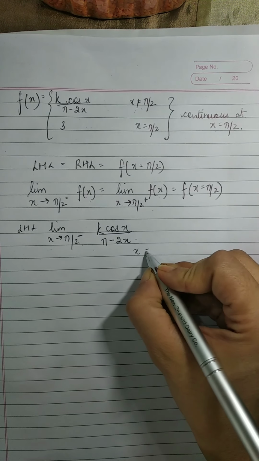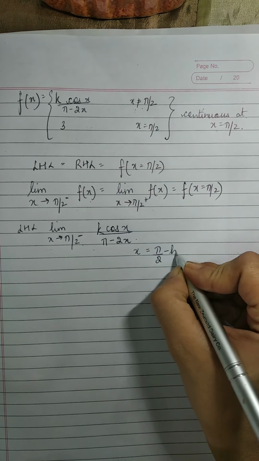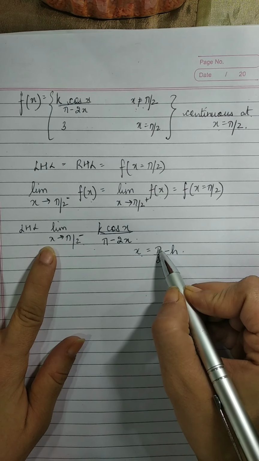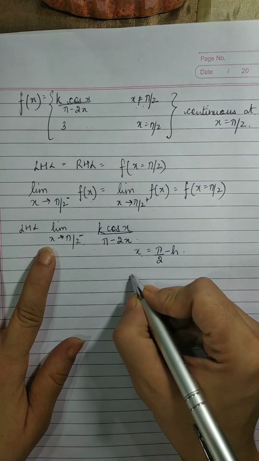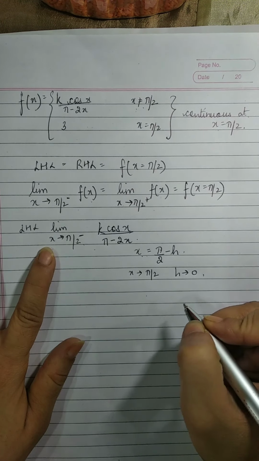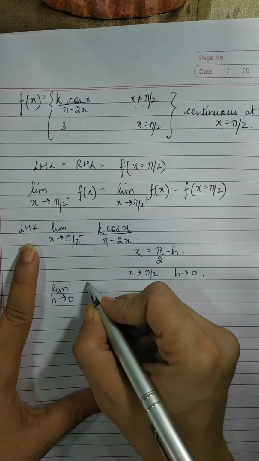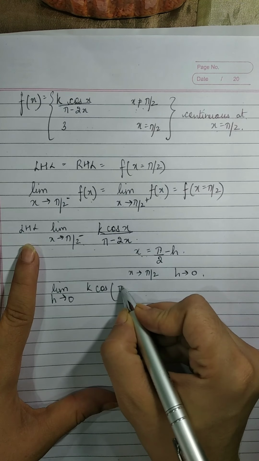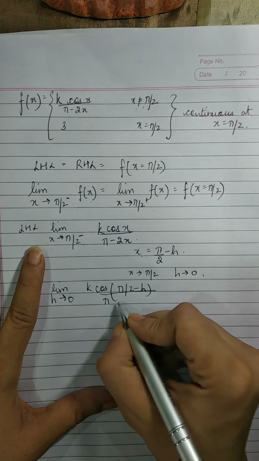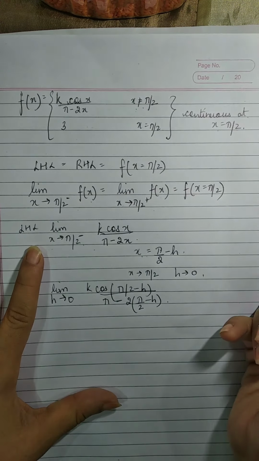So which type of substitution are we going to make use of? We can assume x as pi by 2 minus h. Right? So if x is approaching towards pi by 2, h is approaching towards 0. As x approaches pi by 2, h approaches 0. So here we can replace, we have limit h tends to 0, k cos of (pi by 2 minus h) upon pi minus 2 times (pi by 2 minus h).